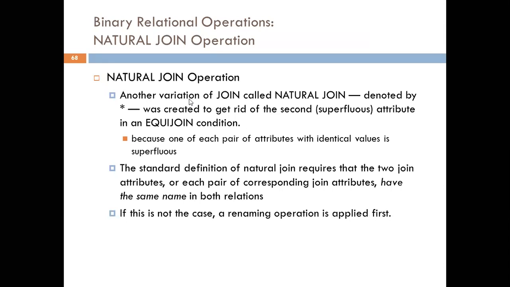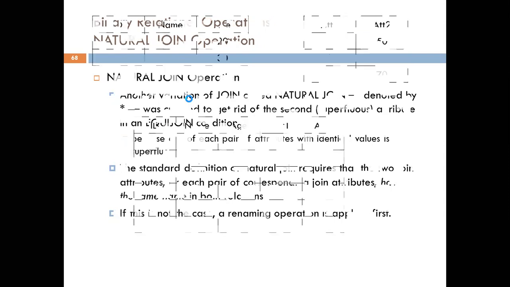In natural join, both the tables should have the same name for the attribute on which we want to join them. Then automatically, without writing any conditions, the join operation will take place. Let us see that with an example.